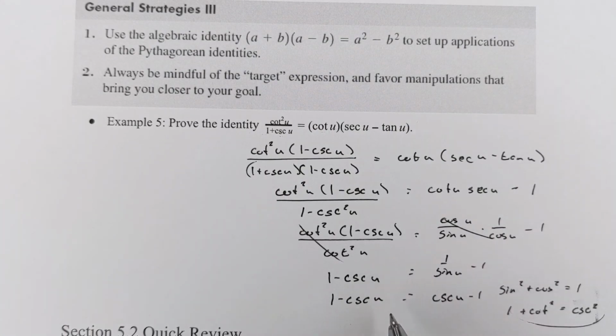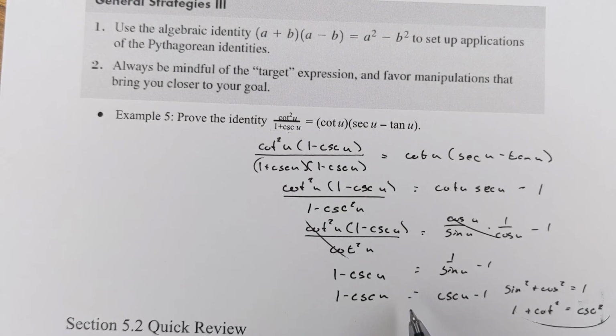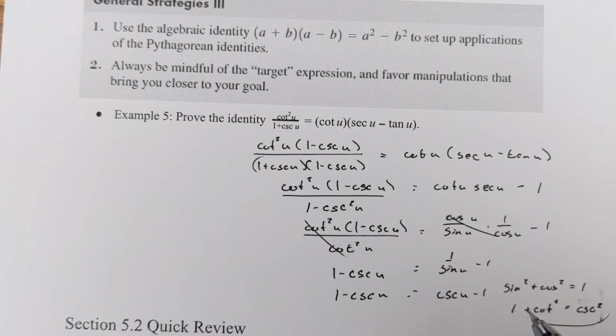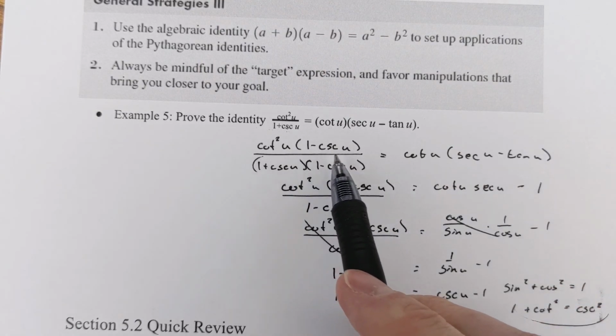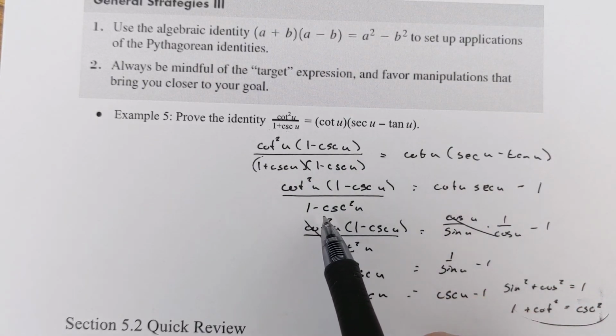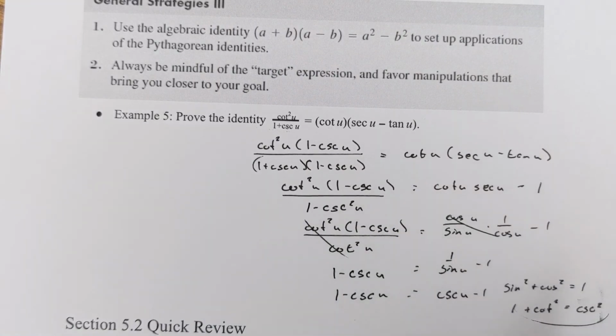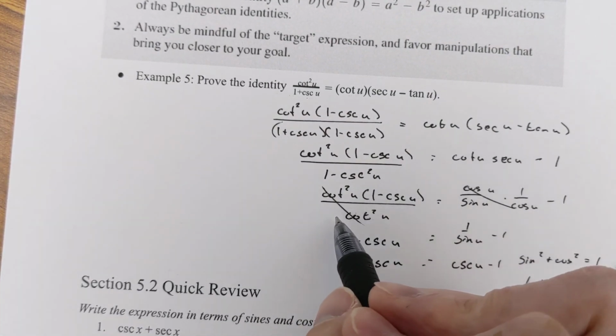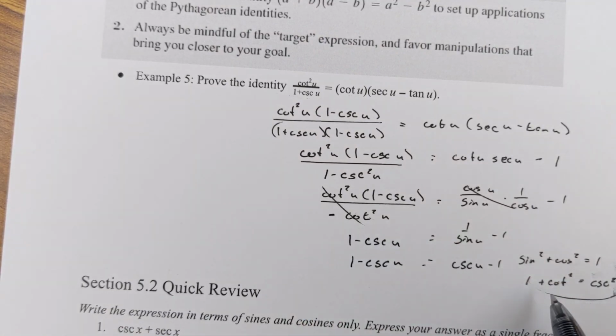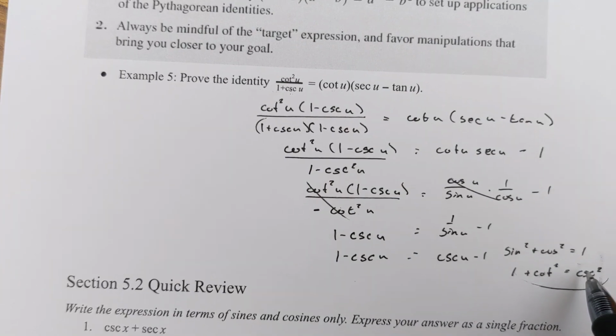But we're not quite the same thing. Let me check my work real fast. Oh, there's my problem. My substitution here was wrong. This should be negative, because cosecant squared minus 1 is cotangent squared, but that's the opposite order.